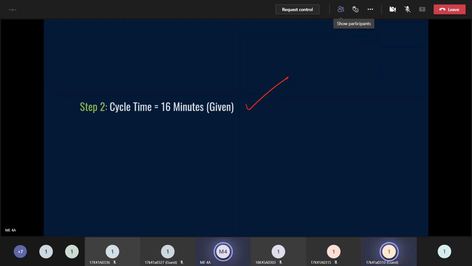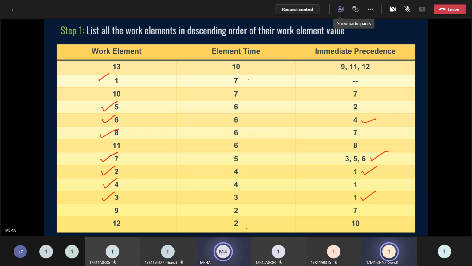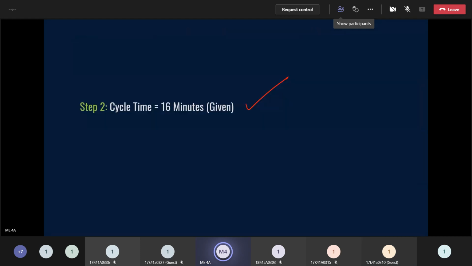Work element 10 takes 7 minutes. Whichever has the higher value, you have to choose that first. Work element 10 you have to choose first, which takes 7 minutes.